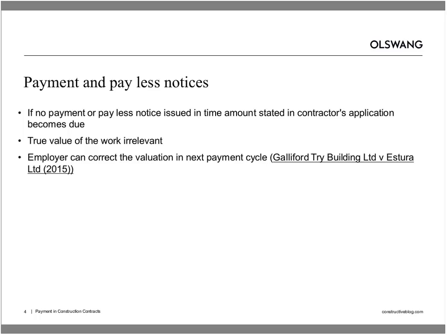The employer, or more likely its professional team, for whatever reason, fails to issue a valid payment or pay less notice, and the contractor then starts an adjudication where it asks the adjudicator to determine the amount due. The adjudicator will look at the facts surrounding all of this and see that there's no payment notice or pay less notice in place, and award the amount that's been applied for, irrespective of the true value of the works.